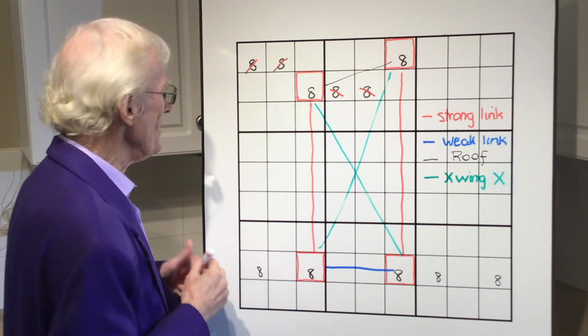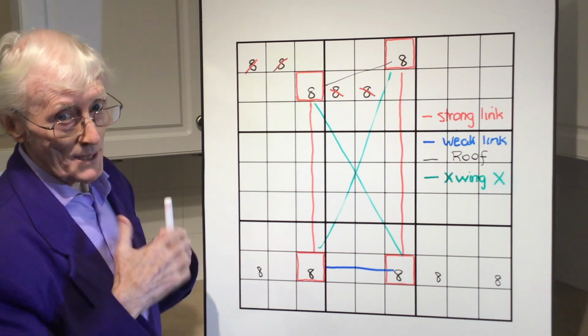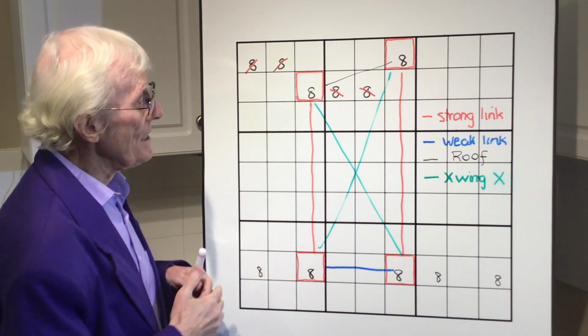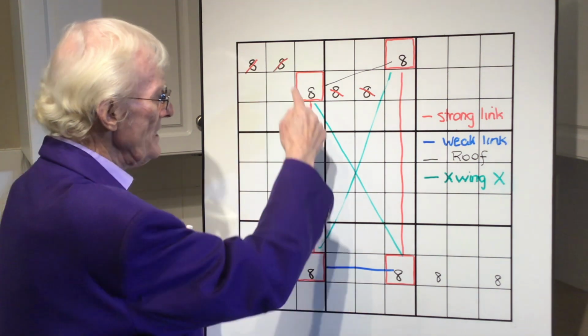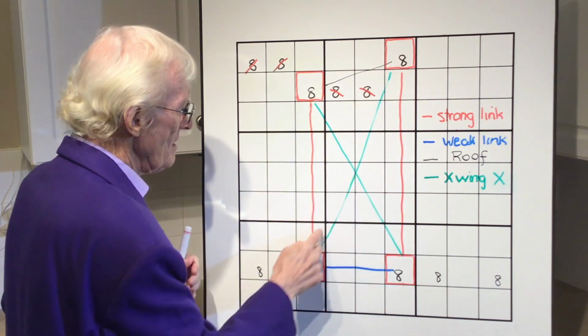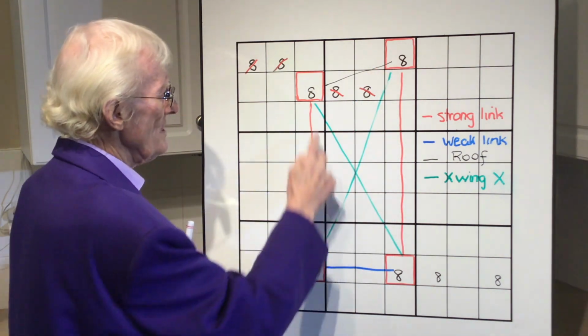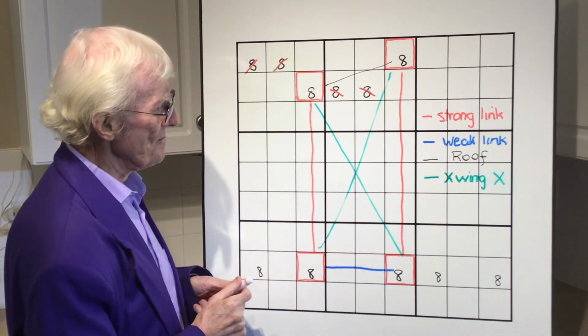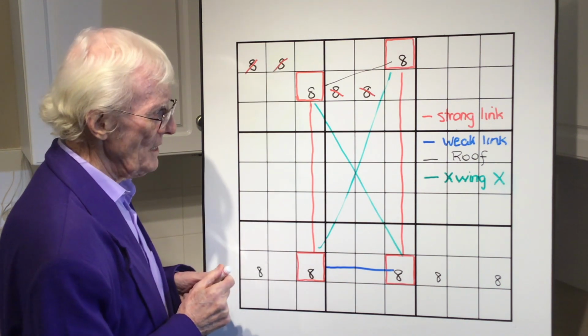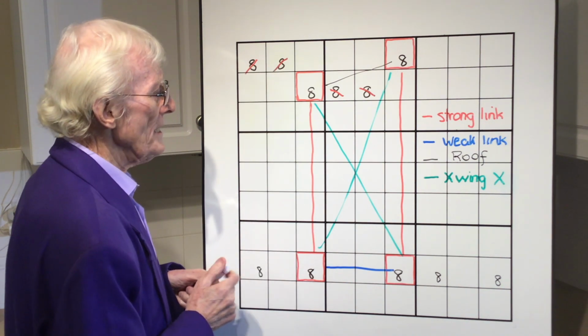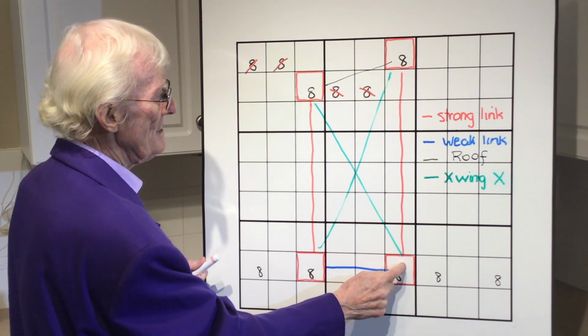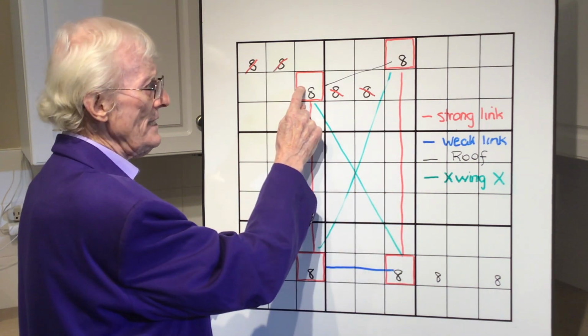Now let's go to the other way of eliminating little numbers in the skyscraper. These 2 crosses represent the corners of, in a way, a type of X-wing. And the rules are the same. In an X-wing, if this becomes a real 8, that's going to become a real 8.